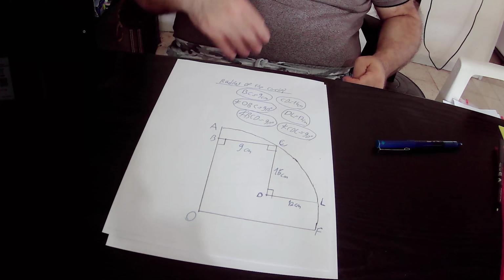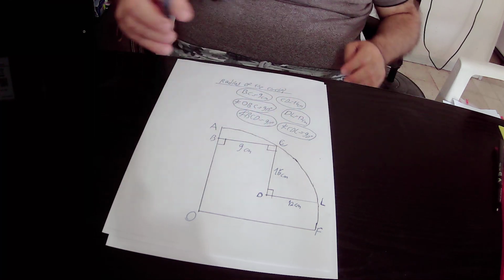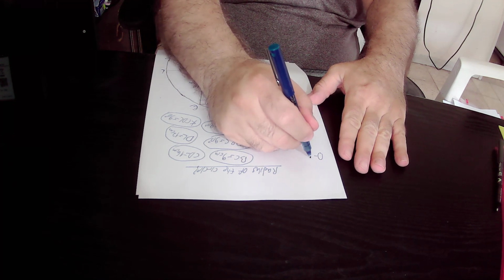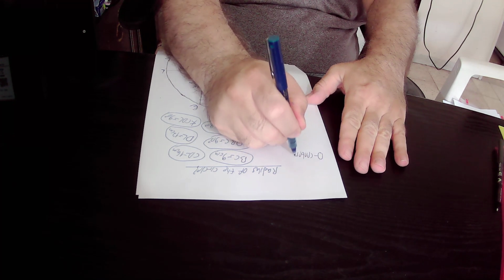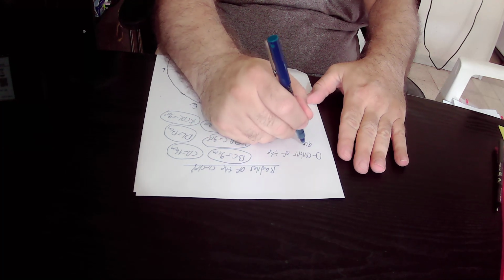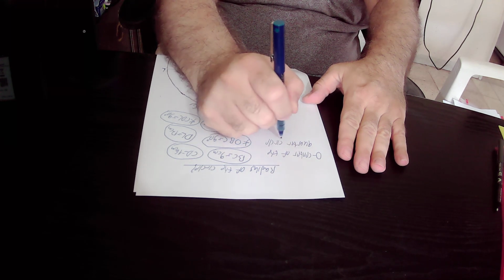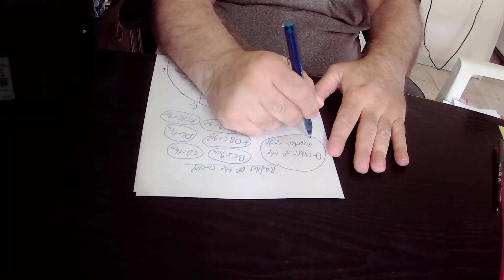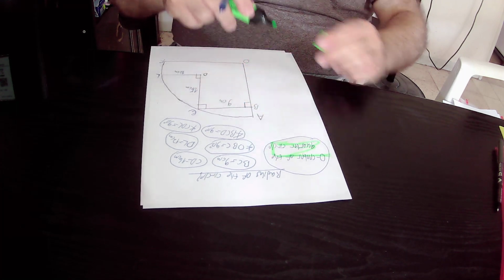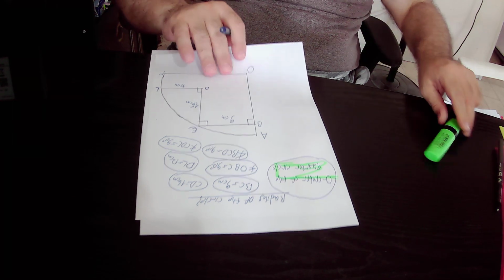Because this is a quarter circle, point O must be the center of the quarter circle. Write it down: point O is the center of the quarter circle. And this angle BOF equals 90 degrees.